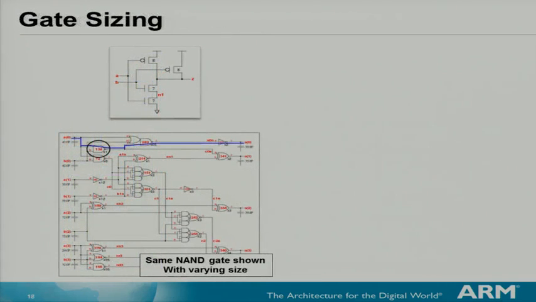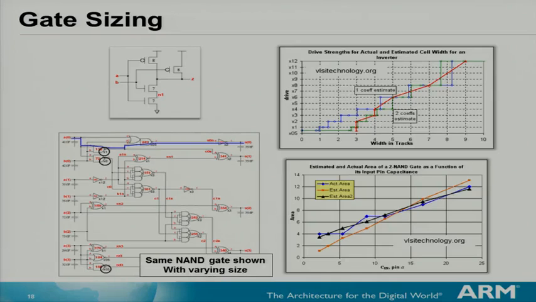So that's another important part of doing a standard cell library design, that you need to size the gates accordingly, and you need to have multiple variants of the same gate with different drive strengths. For example, in this picture, what is shown is a 2-input NAND gate. And as you can clearly see, there are multiple variants of this NAND cell.